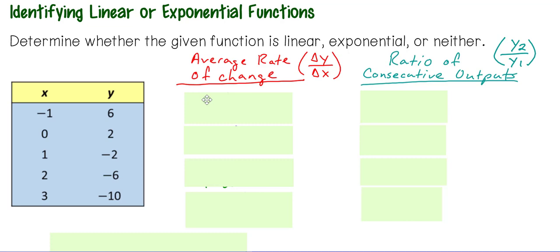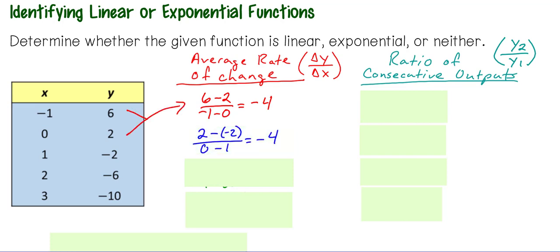So the average rate of change, for example, on this first example, I would take 6 minus 2 over negative 1 minus 0. So I'm using these two rows together to find the first one.